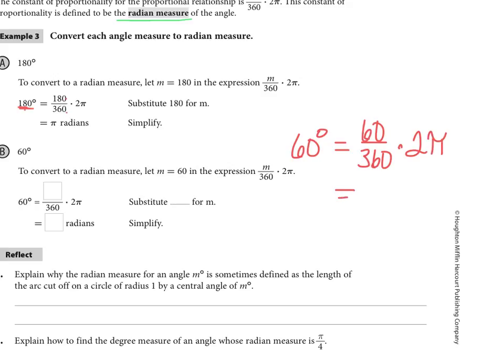And then you would get 1/3 times pi, because that would end up to be 120 over 360, and we write that as pi over 3 radians.